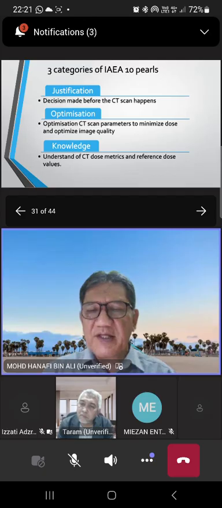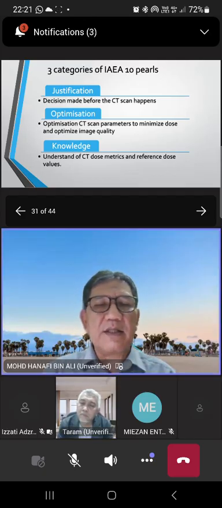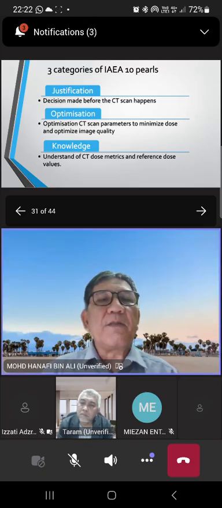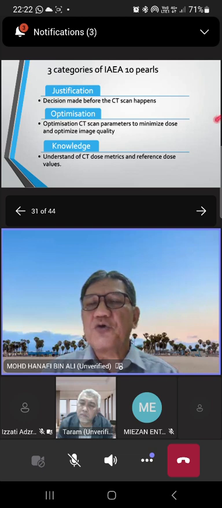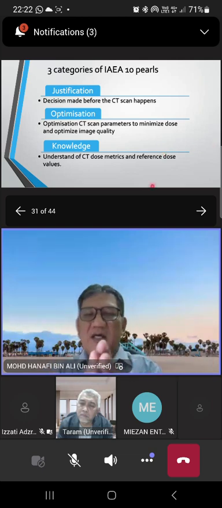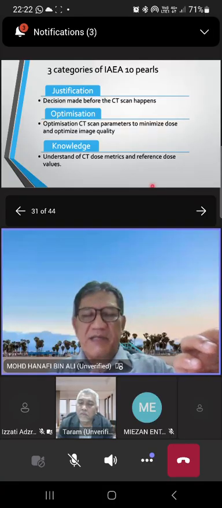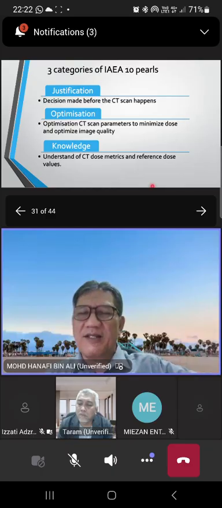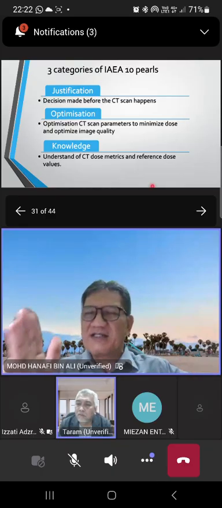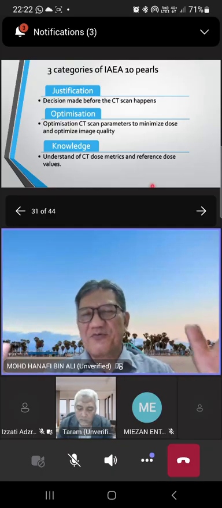I have one diagram from a website, quite nice, to show that the hazard from radiation in medical examination is at the very low end to the left, and cancer causes are on the right.